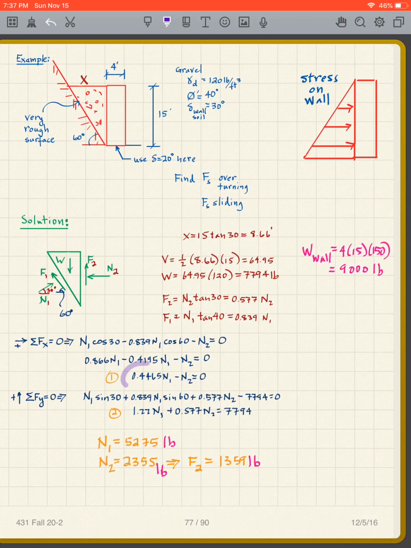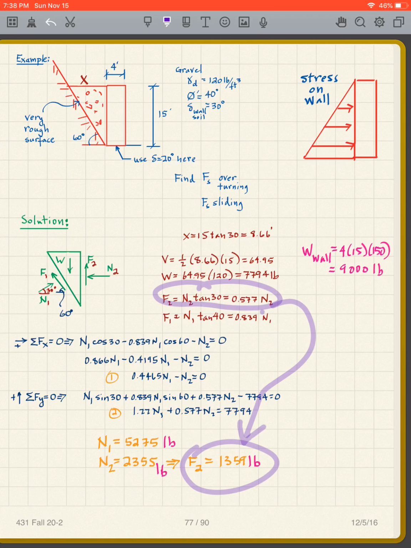I have equation 1, equation 2. You can put that into your calculator or however and solve it. You get that N1 and N2 are these. And that means what? I'm mostly interested in F2. How do I get F2? I get F2 from this. And so I now have N2 and F2.